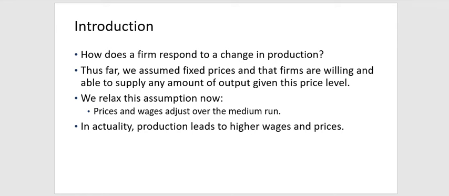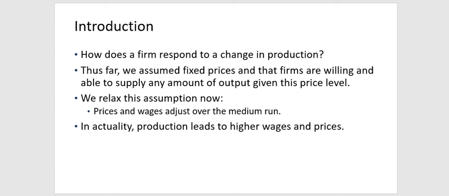Higher employment leads to lower unemployment, and lower unemployment leads to higher wages. The higher wages increase the production cost, leading firms to increase prices. The higher prices lead workers to ask for even higher wages, and those higher wages lead to a further increase in price, and so on and so forth.